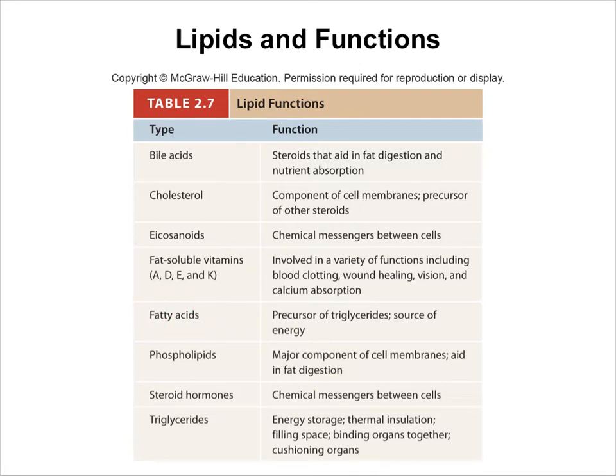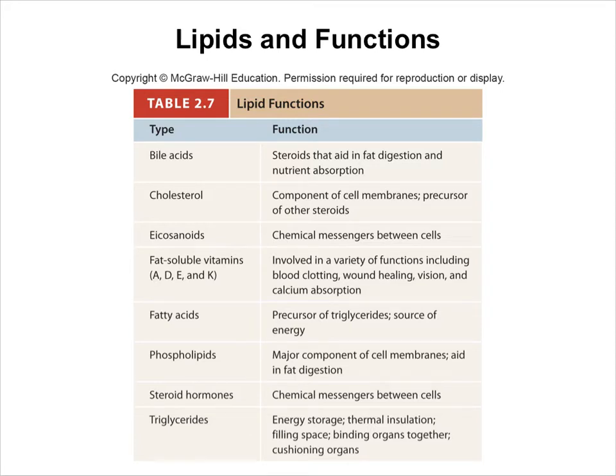Fatty acids, we just talked about them. Phospholipids, those very important lipids that make up the membrane of cells. Steroid hormones, chemical messengers based off of cholesterol, and triglycerides. Triglycerides are 3 fatty acids.